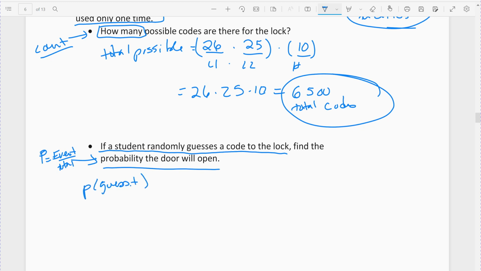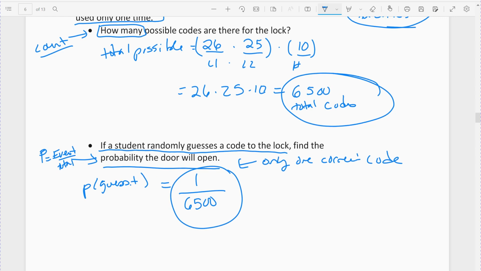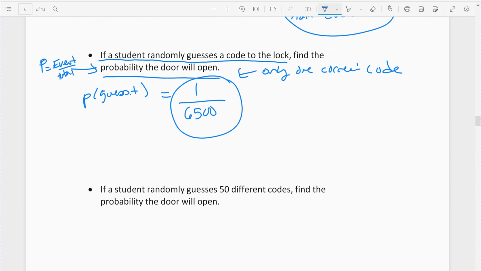There's only one correct code, so they only have one shot out of 6,500. I'm going to leave it like that because this decimal is pretty small, like 0.0001 something. So exactly 1 over 6,500 would be the probability.